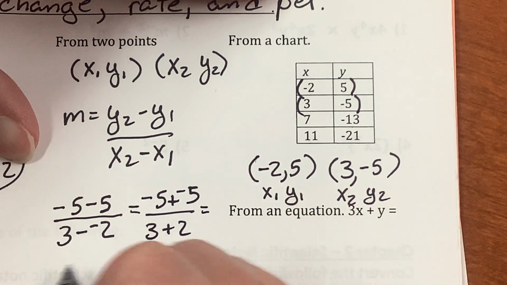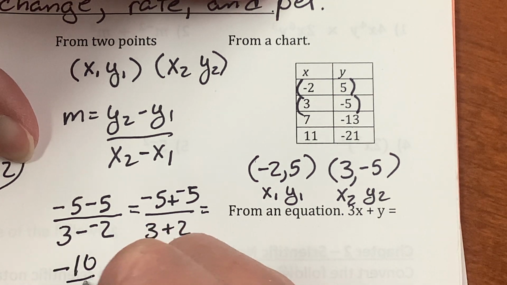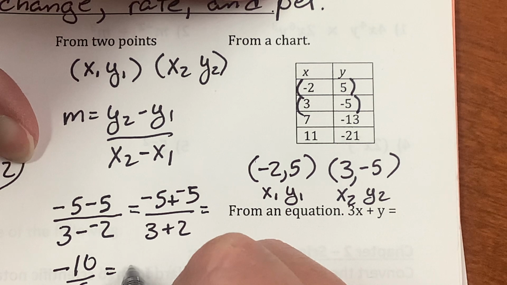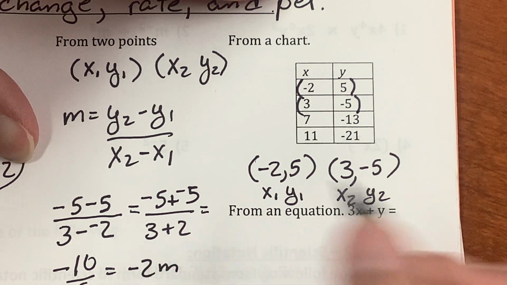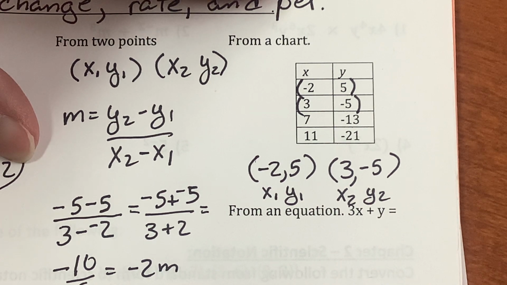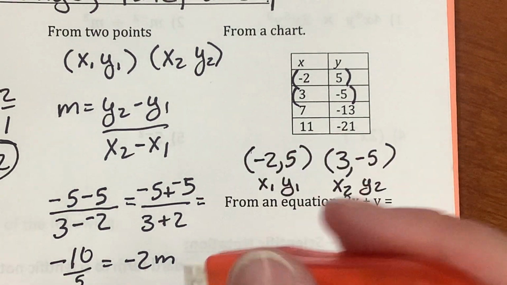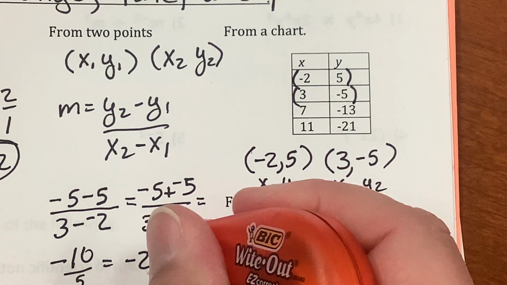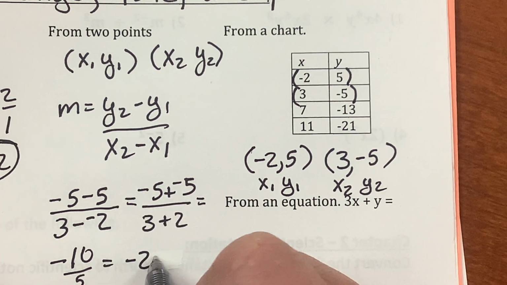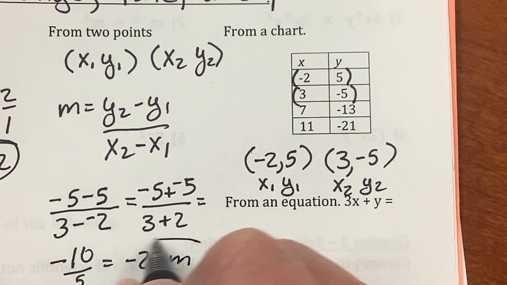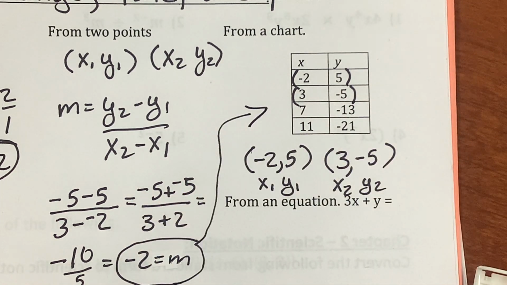And I get -10 over +5, which gets -2. So -2 equals m for that chart. And that's my answer for that chart.